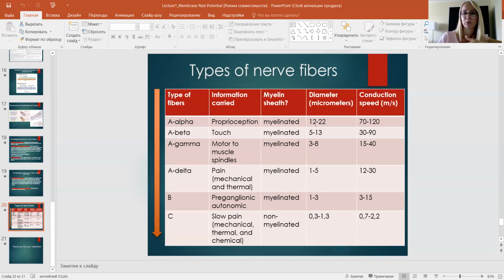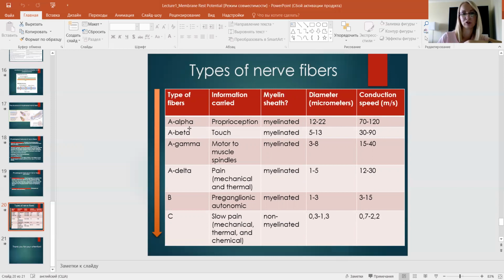The diameter is from 12 to 22 micrometers, and the conduction speed is from 70 to 120 meters per second. This type of nerve fiber has the highest speed of conduction.